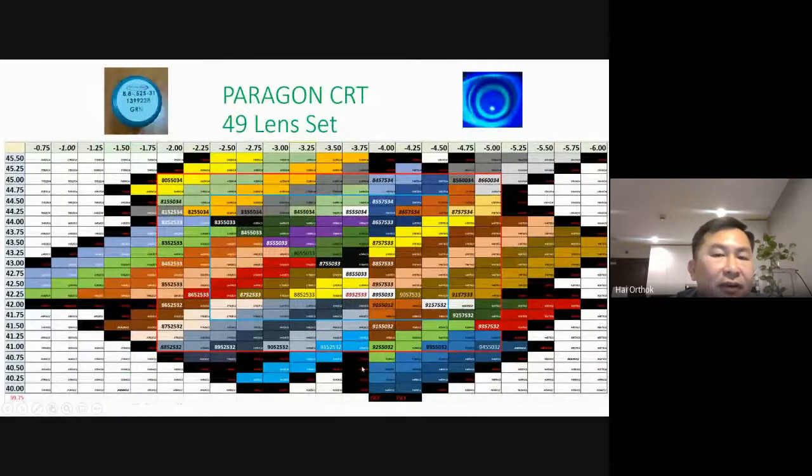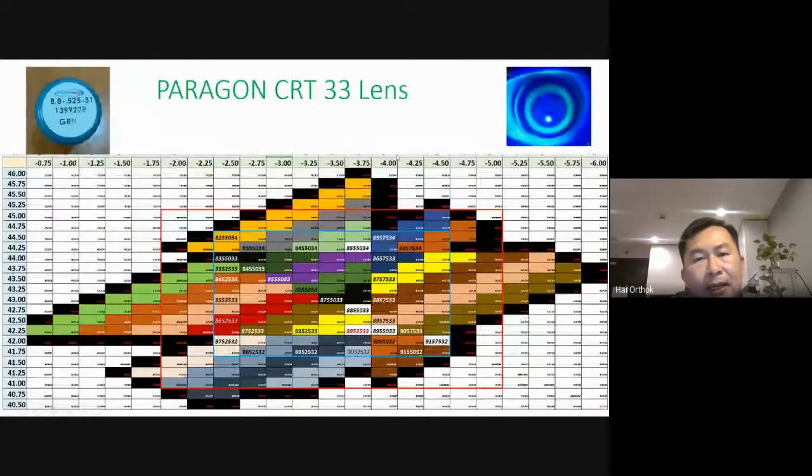And a set of 49 lenses is already certified for 85% of the patient pool coming to your facility leaving with a lens on the eyes. A set of 33 lenses can certify about 70% of the patients coming to your facility with the correct lens on the eye when they go home.